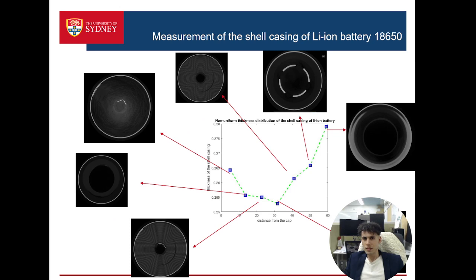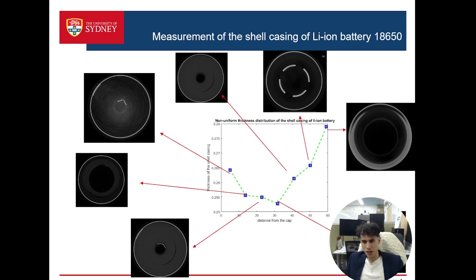The shell thickness of the lithium-ion batteries can vary due to manufacturing process and factors, and sometimes it can be done intentionally. The variation in shell thickness can be observed and analyzed using CT scan machine and SEM, scanning electron microscope.